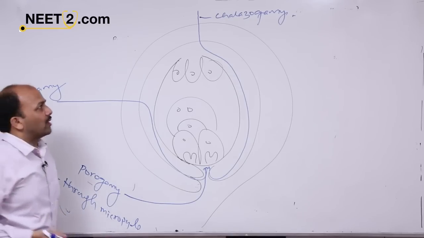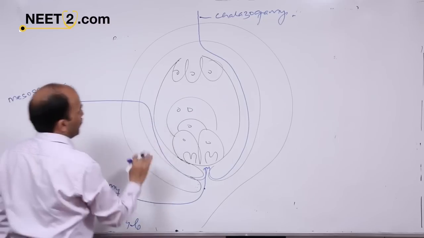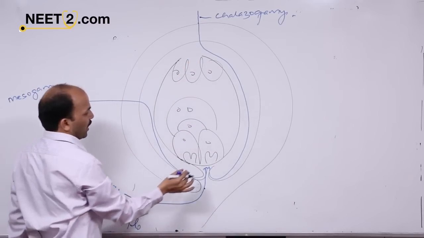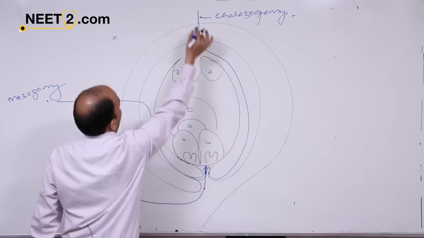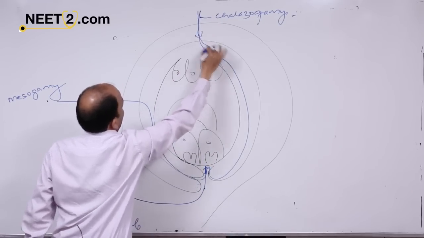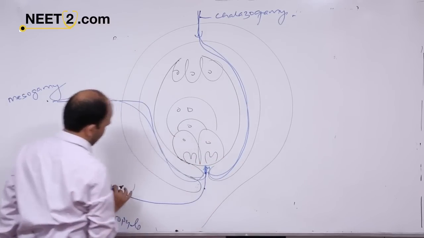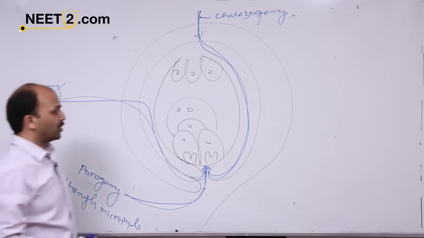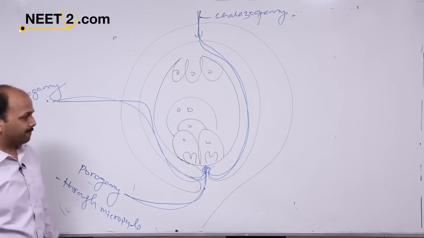Whether the pollen tube comes into the ovule from the micropylar end, or through mesogamy, or chalazogamy, the pollen tube enters the embryo sac always through the micropylar end. Even if the pollen tube comes into the ovule from here, to go into the embryo sac it will come to this end; from here also, it will come to this end. So pollen tube entry into the embryo sac always occurs through the micropylar end.